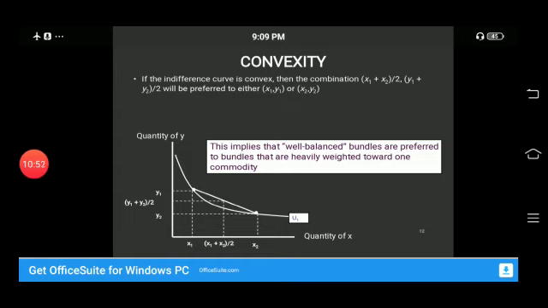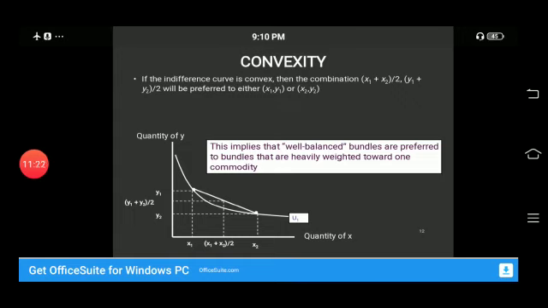If the indifference curve is convex, then the combination x1 plus x2 over 2 and y1 plus y2 over 2 will be preferred to either x1, y1 or x2, y2. Look at this indifference curve. We have a point x1, y1 and a point x2, y2. By using these, we plotted our indifference curve which yields the utility U1.